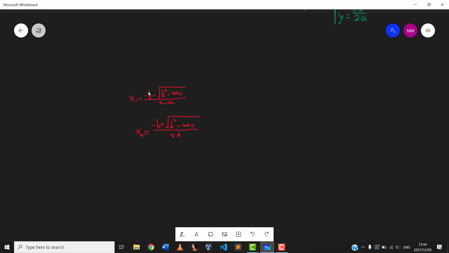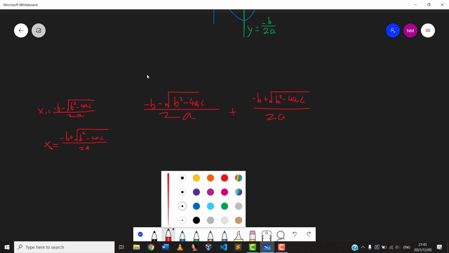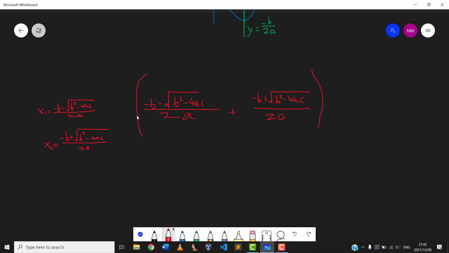So we'll say this over here plus this over 2 to get the average. Okay, so there's the expression we're going to just use. So the sum of the two roots over 2. So that's going to be the midpoint value for x. So let's just simplify this.